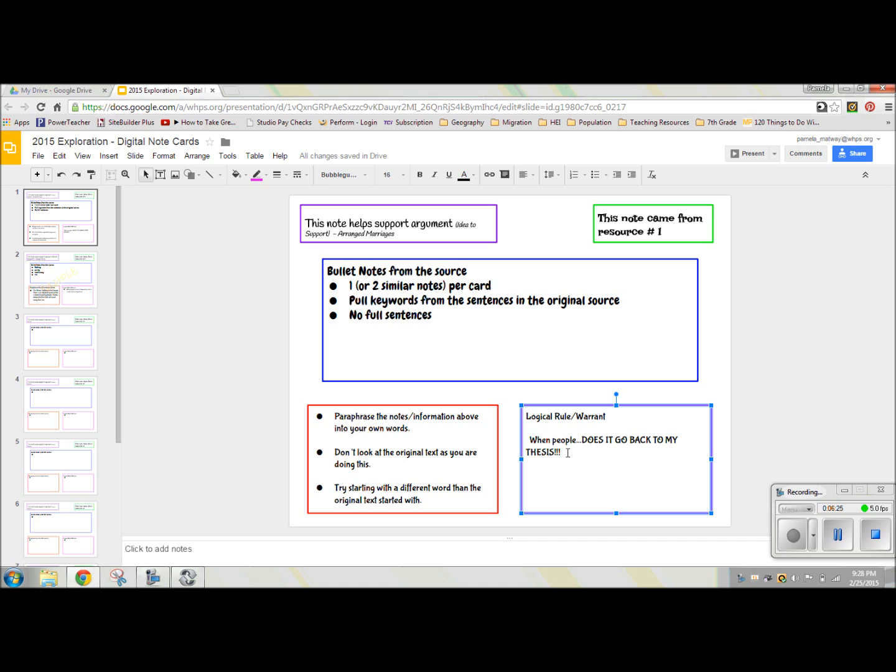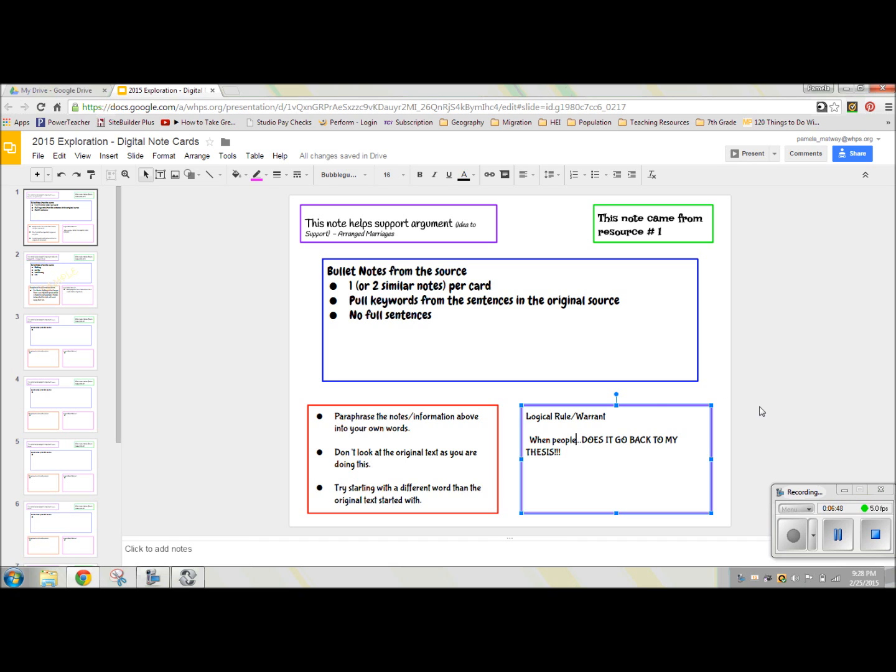All right, so always think back to that. When people say mean words to each other, usually it's because they don't like one another. That was a really poor example, but always go back to what you've been talking about in English about argument writing and what we worked on with that murder mystery.